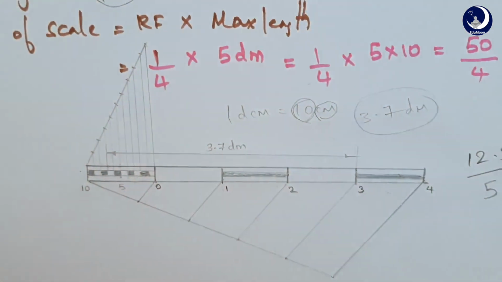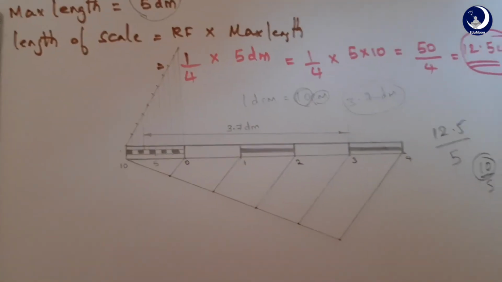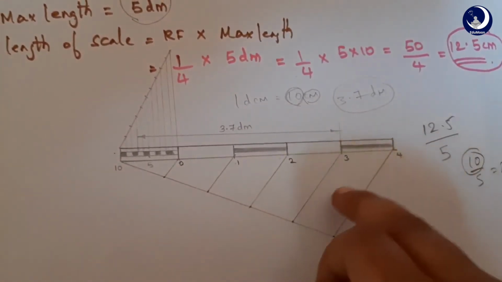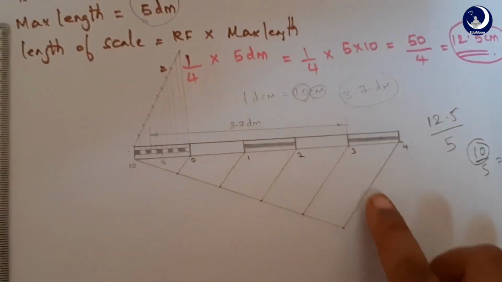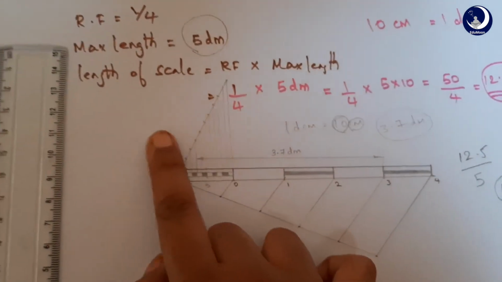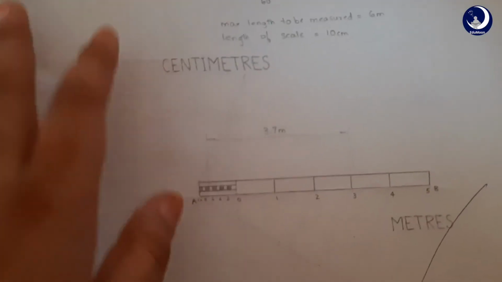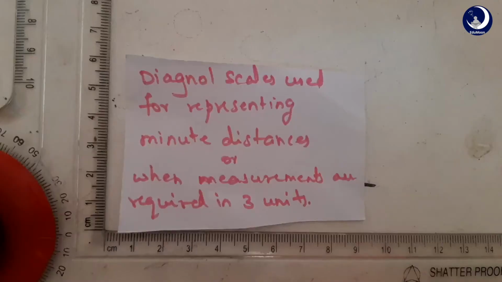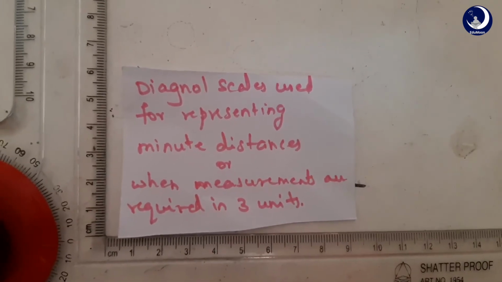So this is an example of a plane scale. We also need to draw titles here saying this is a decimeter and this is centimeter. Like this, centimeters, decimeters.